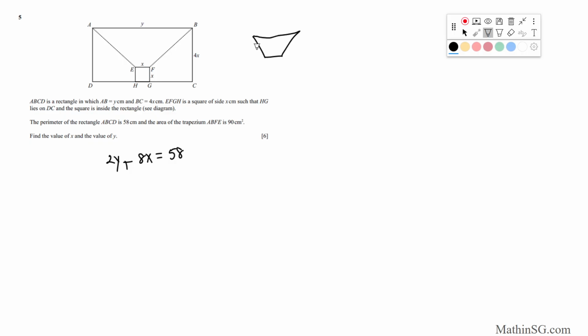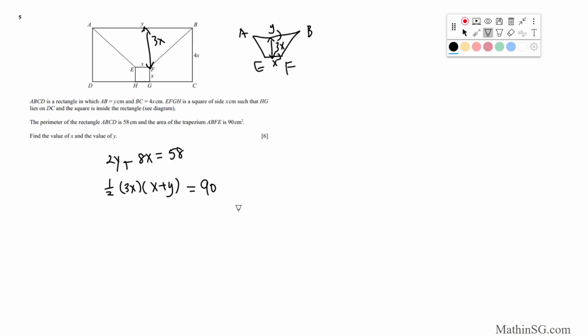The parallel sides here are x and y, and the height from here to here is basically 4x minus x, which is 3x. So the area is half times the height, which is 3x, times the sum of the parallel sides, AB and EF. So it's x plus y, and it equals 90.